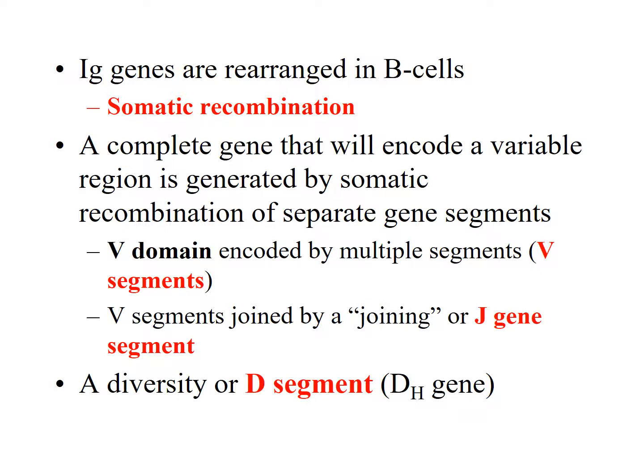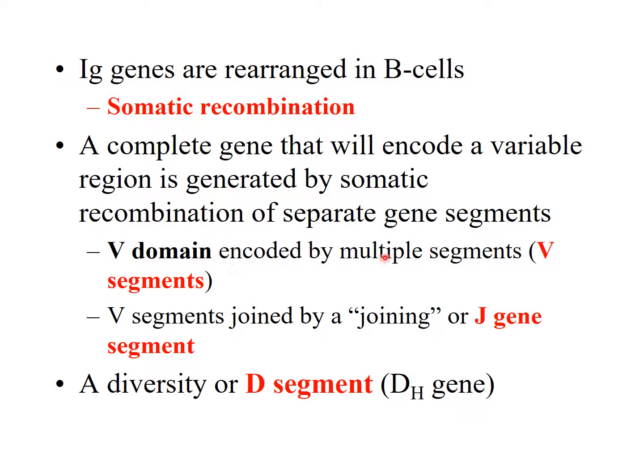Now, when we look at the genes and we trace them to the actual polypeptides, the actual protein, we see that there are different domains in the protein which correspond to different regions of the gene sequence responsible for polypeptide or B-cell receptor production. The first one is what is referred to as the V domain.